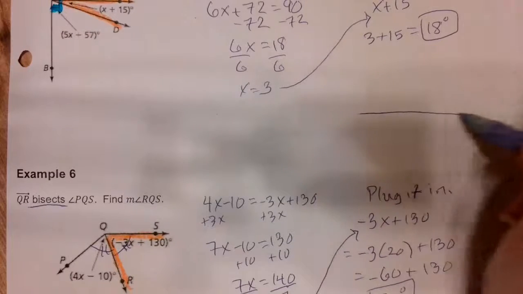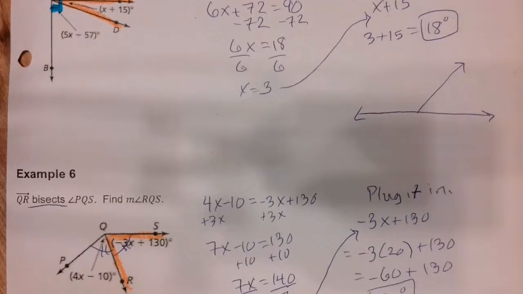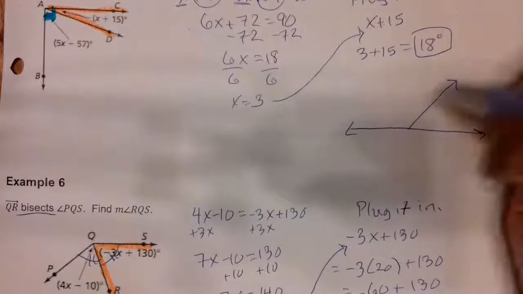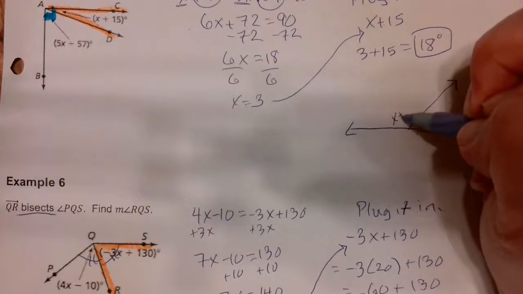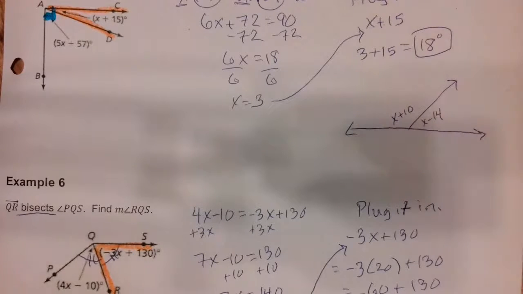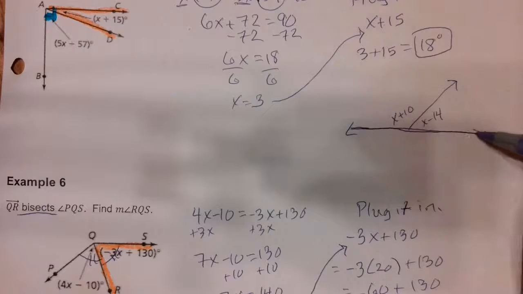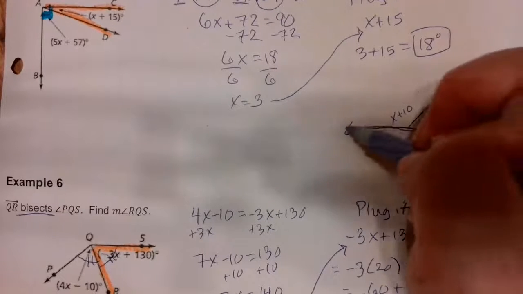But what if, as one extra example, you have something that looks like this, and maybe this is x plus 10 and this is x minus 14. What do we know about this one? What was the word for this, where they make a straight line?